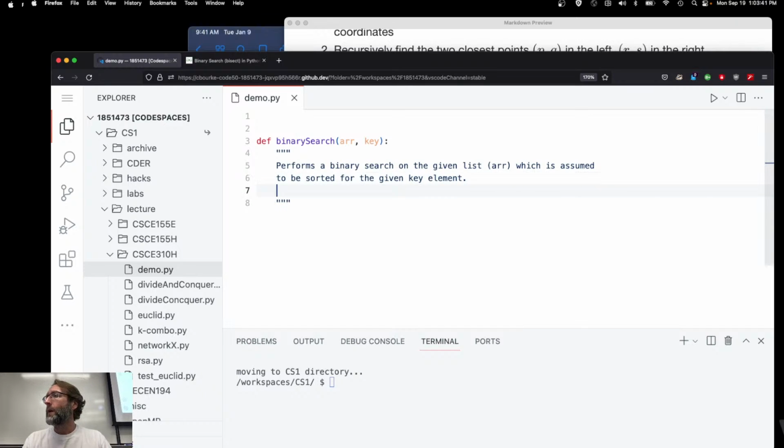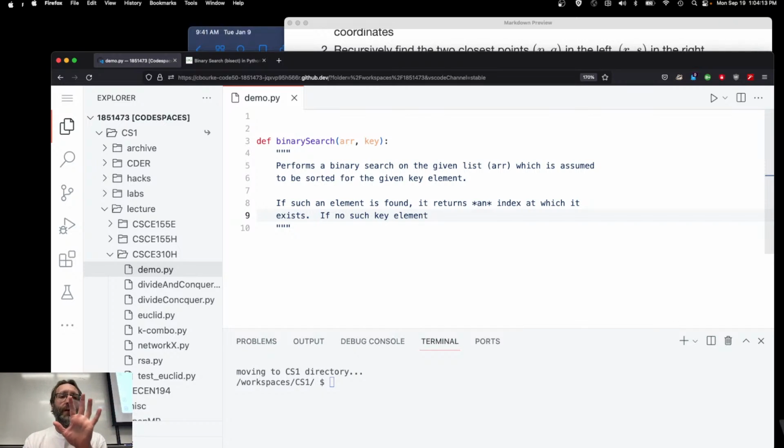Right? However, this is going to be a little bit different because if no such key element, let me go with the successful search here first. If such an element is found, it returns an index at which it exists. Why did I emphasize an index? There could be 5 8s in there, right?